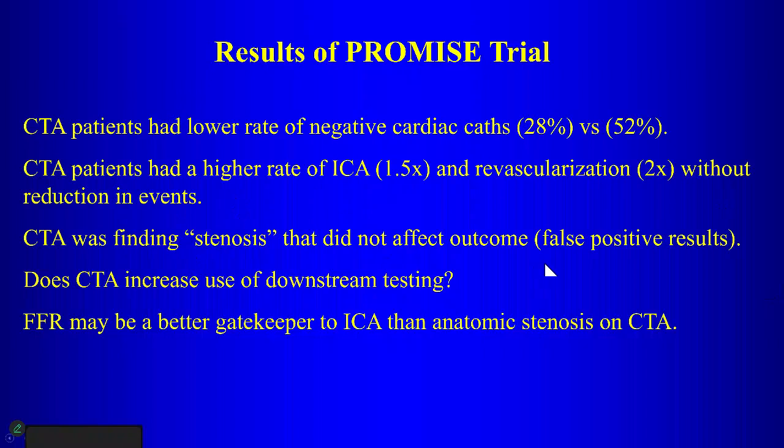This is one of the problems when you're doing a purely anatomic evaluation, when you're just looking at the coronary vessels, you might have a higher false positive rate. So CTA seemed to increase the use of downstream testing.